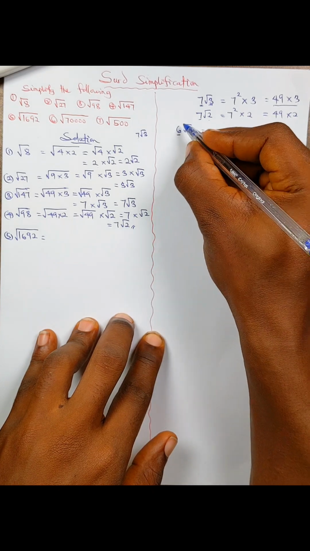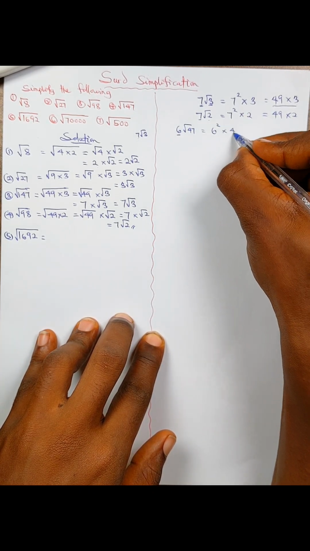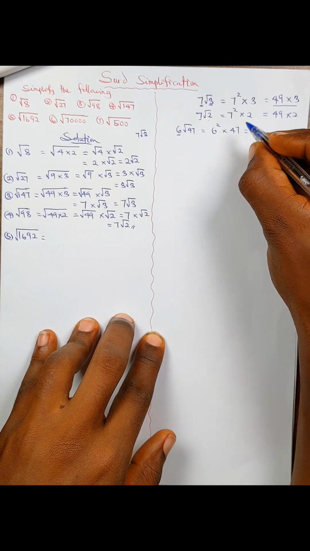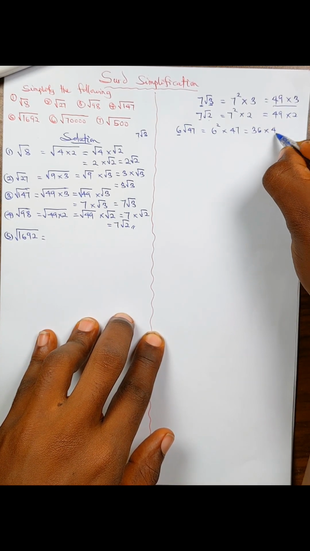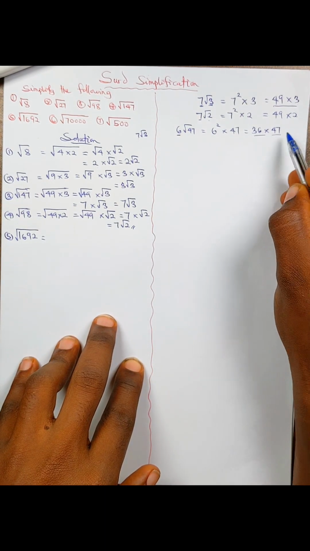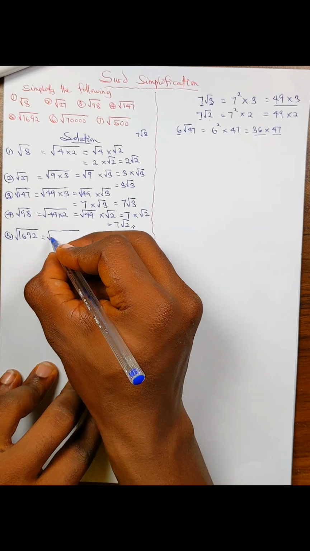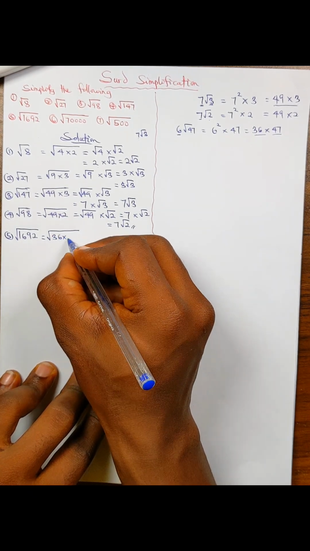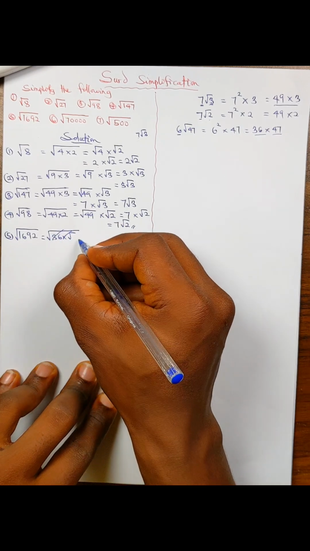Then I square the number outside, 6 squared times 47. We know 6 squared gives us 36, times 47. That means that the two numbers that I'm going to multiply are 36 and 47. So I come to my working space, I write 36 times 47, let me cancel it and rewrite it.